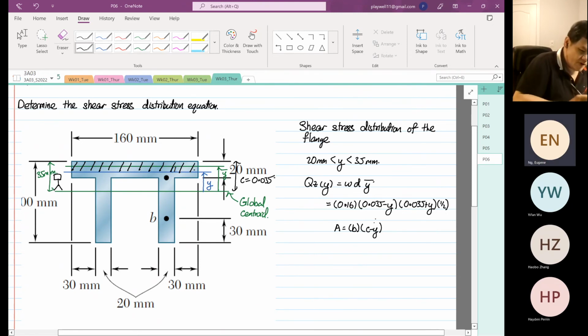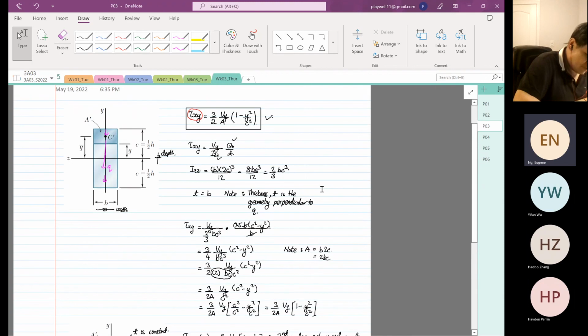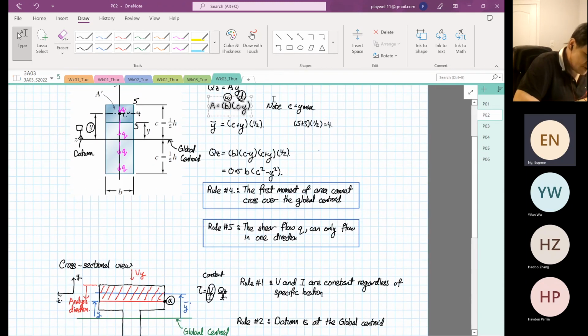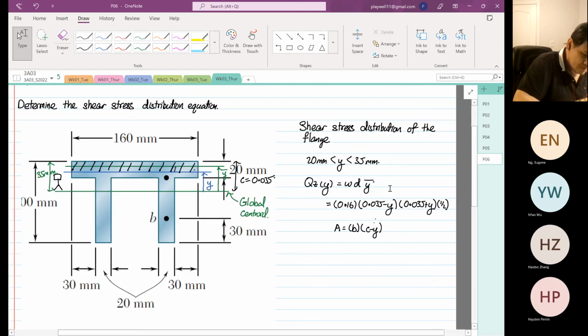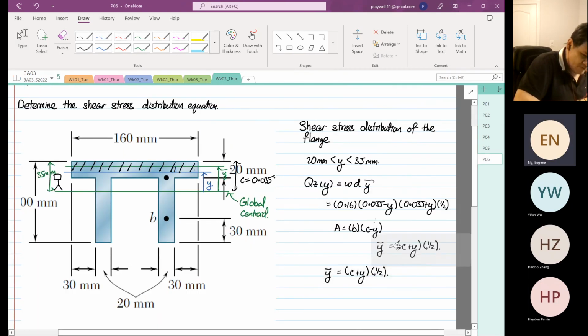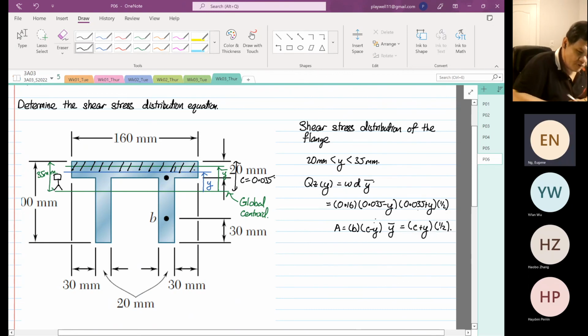The y is our variable, and we did derive our y bar before. This is our formula for y bar, with C equal to 0.035. That's why I could write this out pretty quickly.